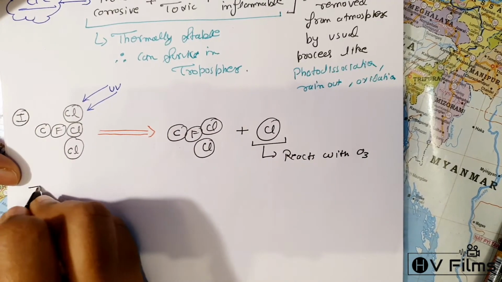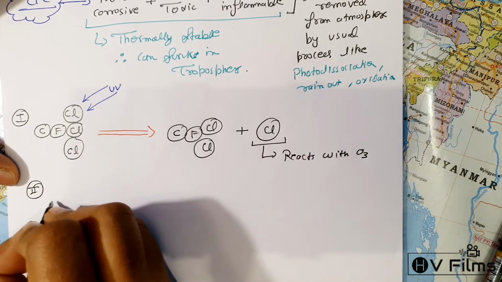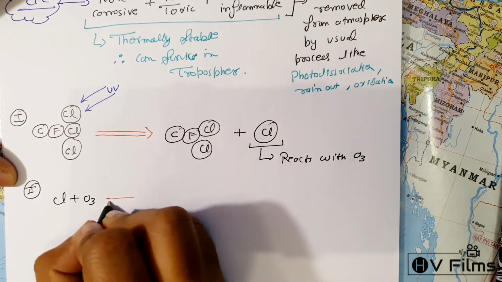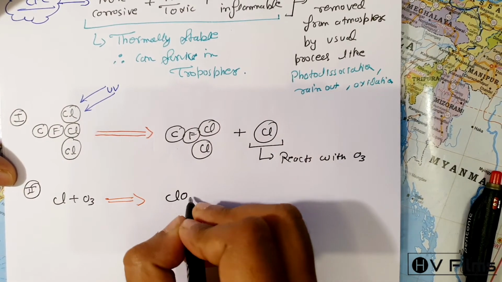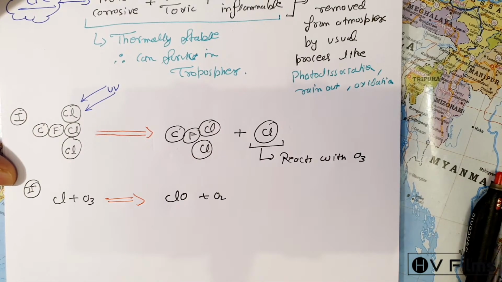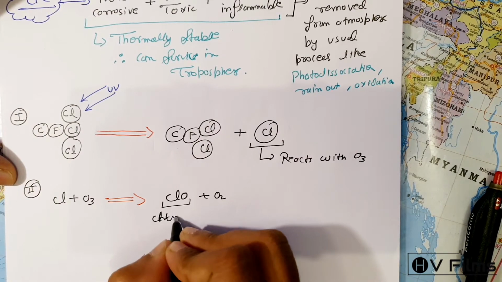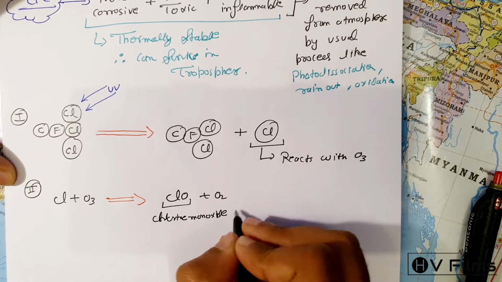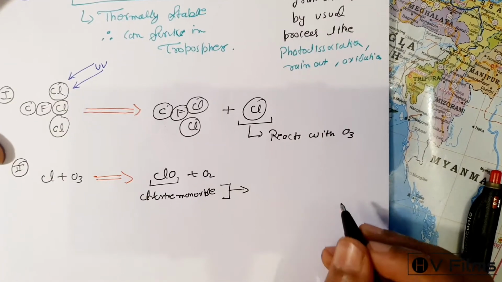Now in the second step, the chlorine and the ozone react and result in the formation of chlorine monoxide plus oxygen, and this is chlorine monoxide. Now this further reacts with the oxygen atom.